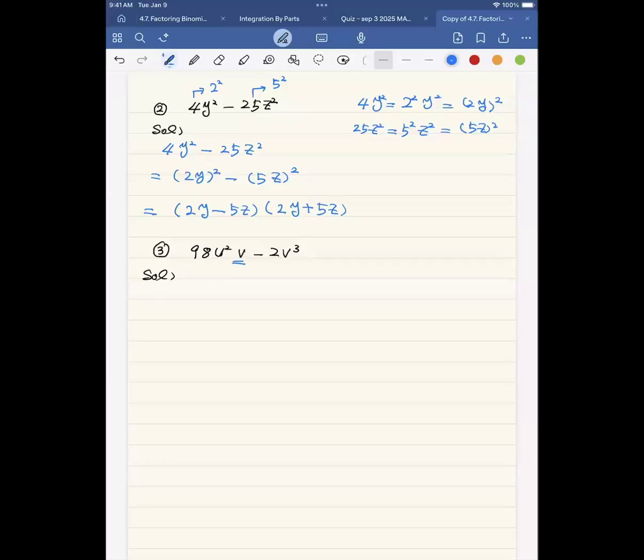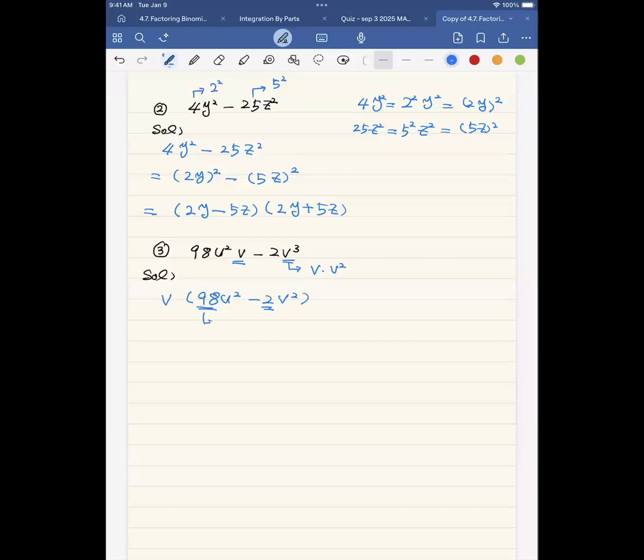In each term, we can see v. v cubed can be written as v times v squared. So we take out the common factor v. Then we have v times 98u squared minus 2v squared. This is an even number, and this is also an even number.